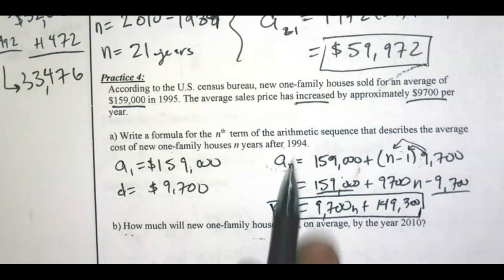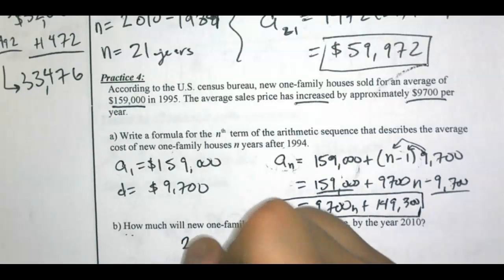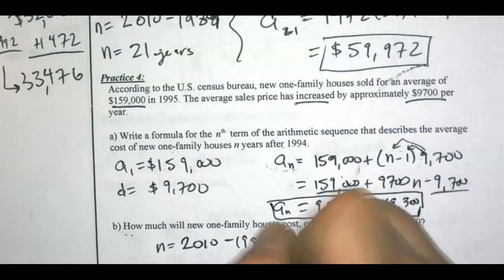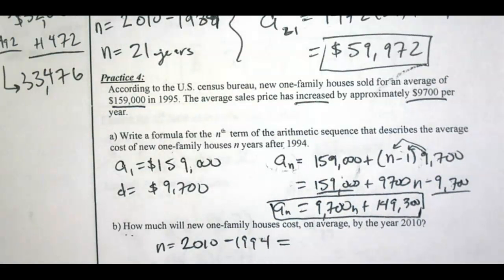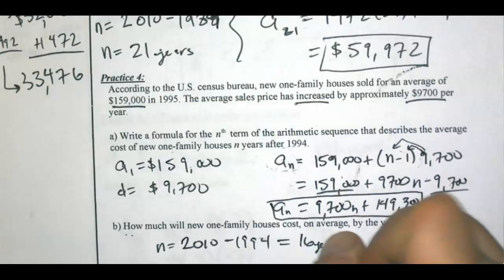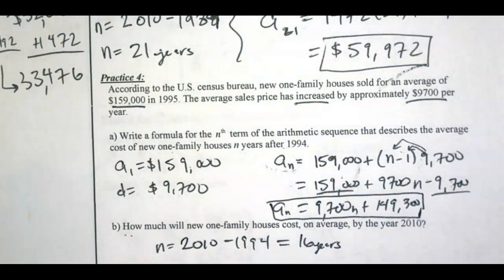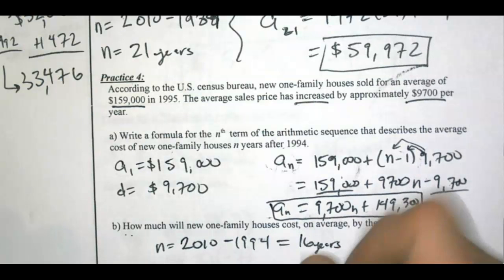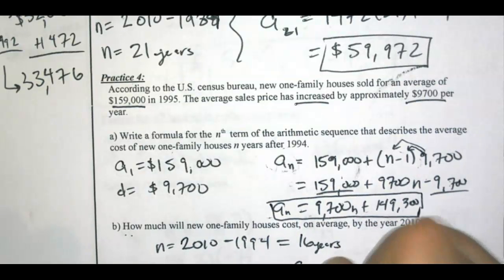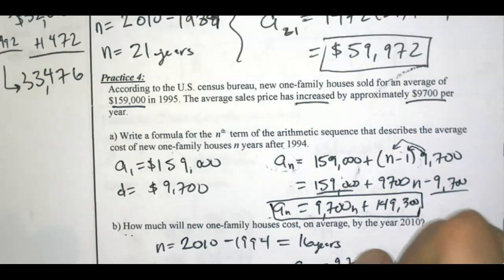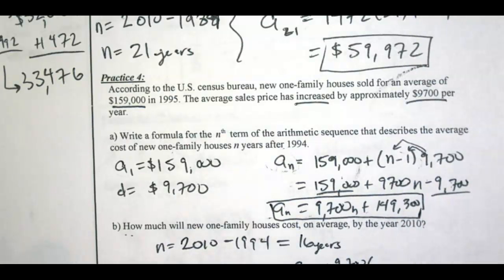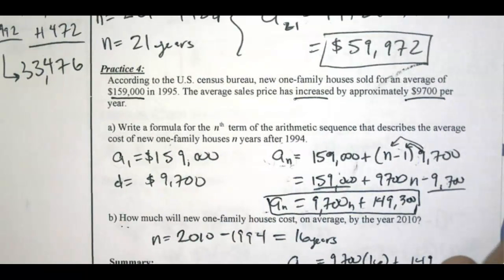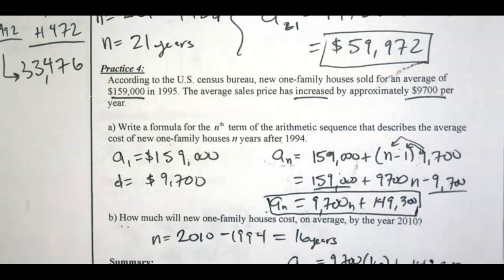So remember, it's years after 1994 in this case. So 2010 minus 1994 will give us the number of years we need. So n is 16 years. Now that I know n is 16 years, I'll just take that formula that I came up with and figure out 16 years later: 9,700 times n, which is 16, plus the 149,300.